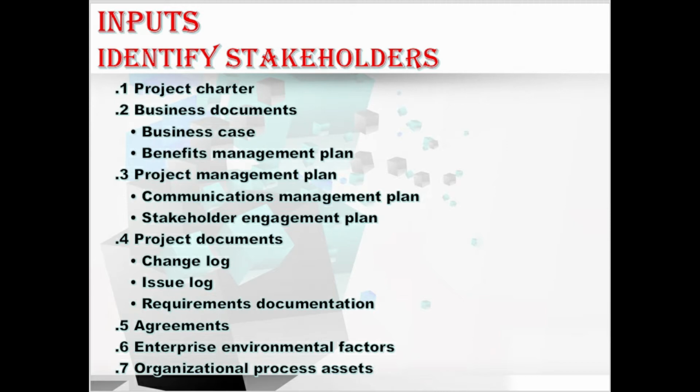This plan describes the expected plan for realizing the benefits claimed in the business case. It may also identify the individuals and groups that will benefit from the delivery of the outcomes of the project and are thus considered stakeholders. Hope you understood about these business documents.